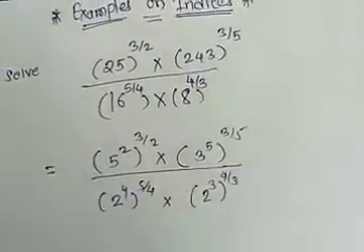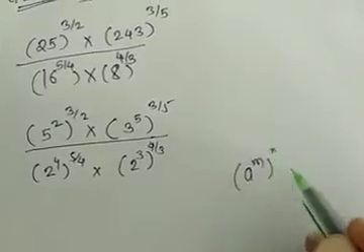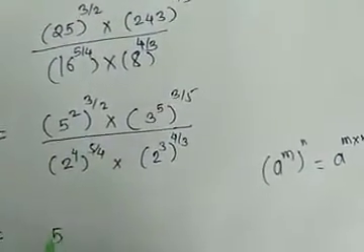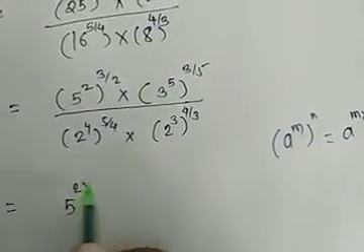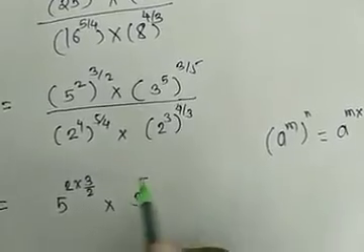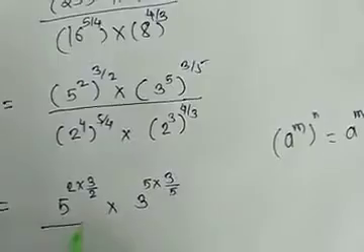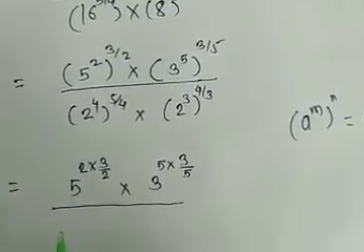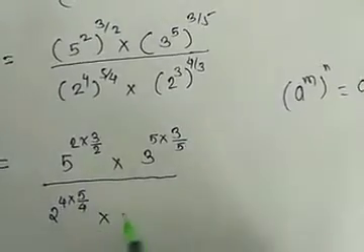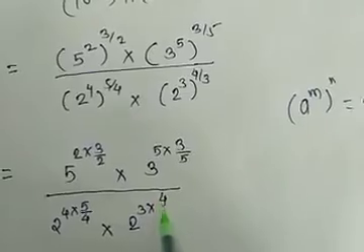Now we use the rule a raised to m raised to n is equal to a raised to m into n. So here 5 raised to 2 multiplied by 3 by 2, multiplied by 3 raised to 5 multiplied by 3 by 5, divided by 2 raised to 4 multiplied by 5 by 4, multiplied by 2 raised to 3 multiplied by 4 by 3.